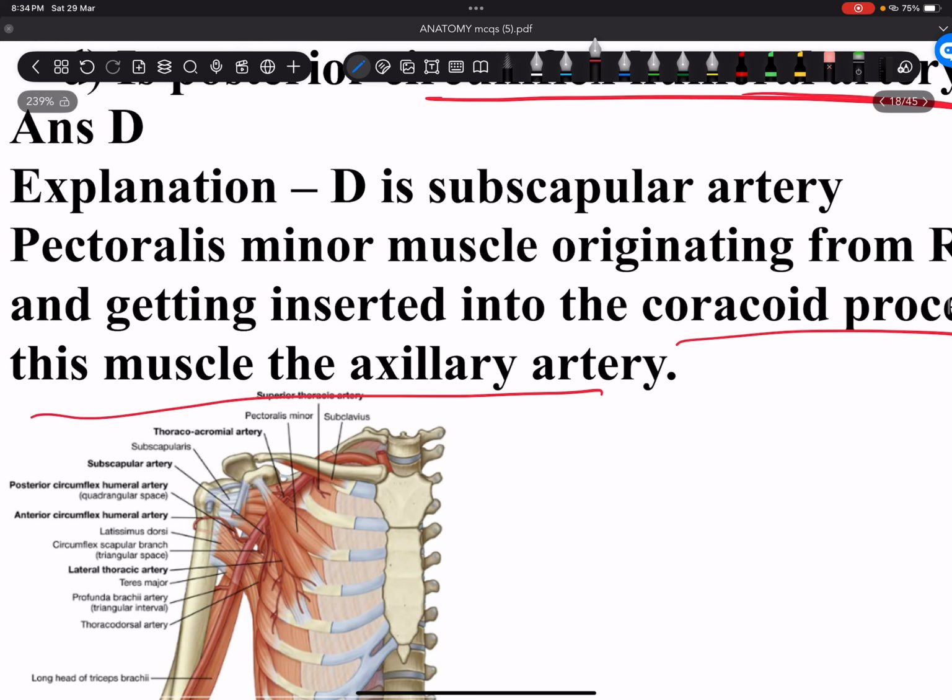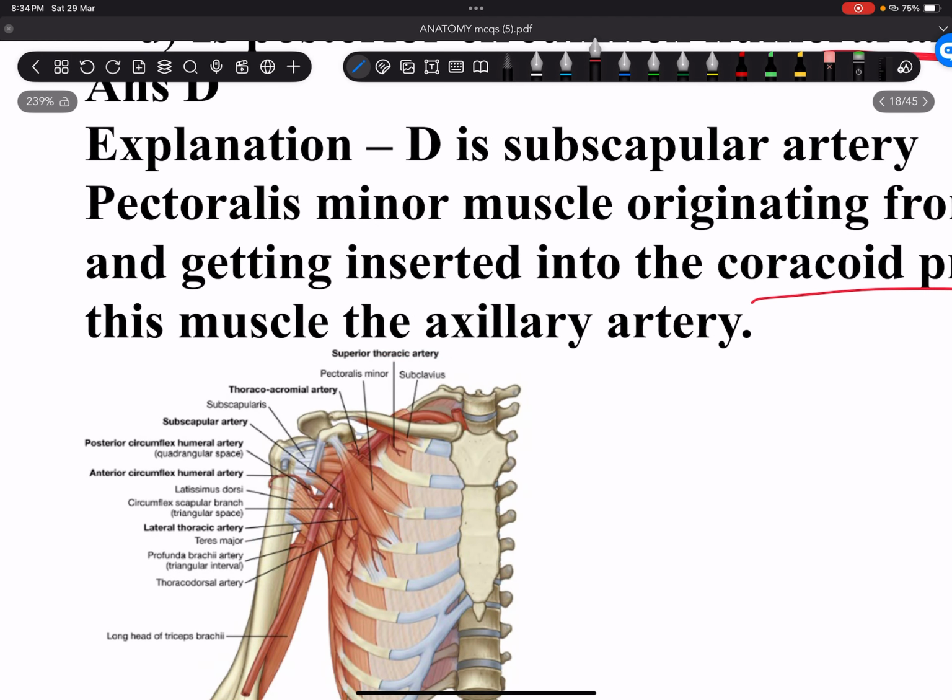Now this is the diagram which covers everything. This is subclavius. This is the superior thoracic artery. This is pectoralis minor. This is subscapularis. This is the subscapular artery, which is our answer. The posterior circumflex humeral artery is this.